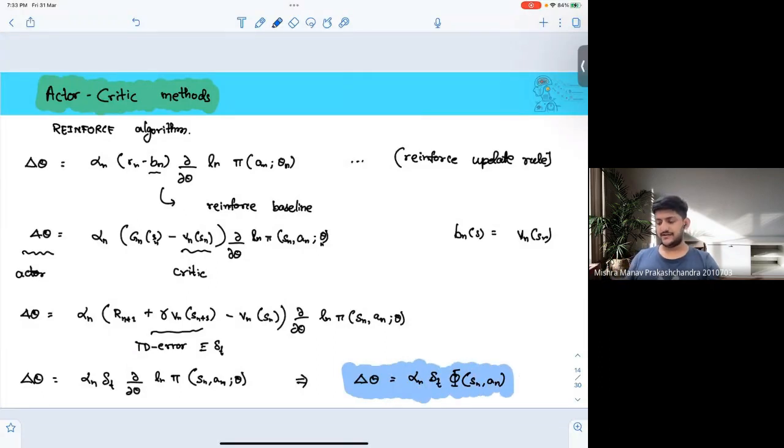Okay, from here, we are updating both the value function and the theta update in the same part. How? Inside the delta term, there is a value function. The way it is updated is if a particular state action pair is encountered, then we update the theta for that particular state action pair because the policy is parameterized on the state action pair.